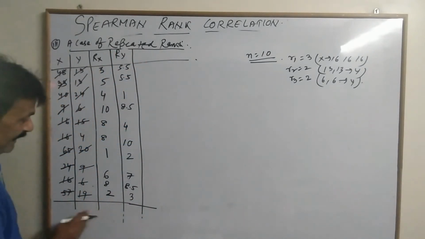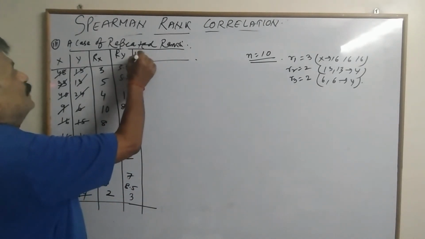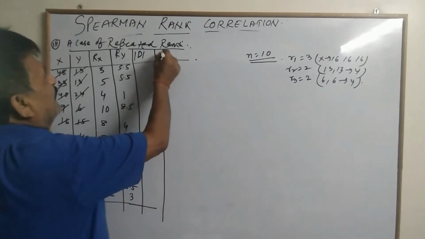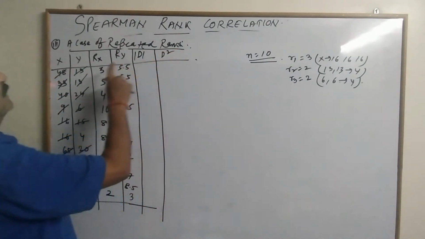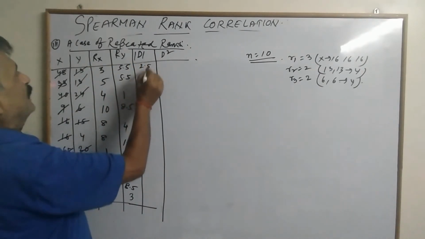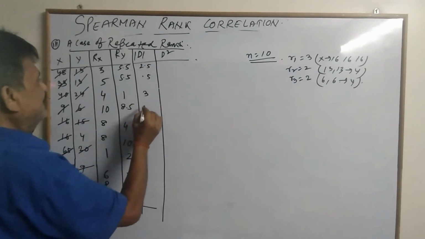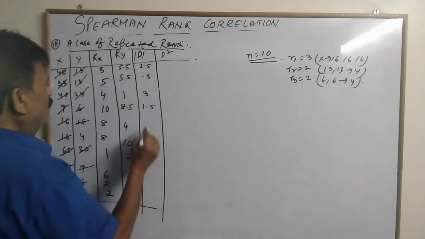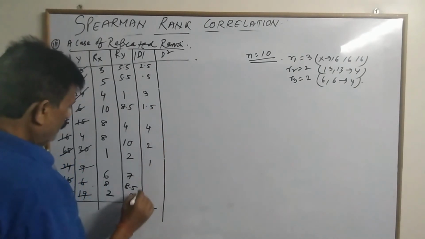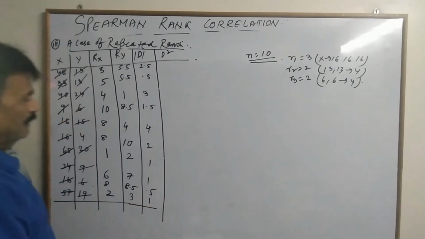Now we have got the ranks, so now as before we must calculate the difference D and then this has to be squared. So the differences are 2.5, 0.5, 3, 1.5, 4, 2, 1, 1.5 and 1.